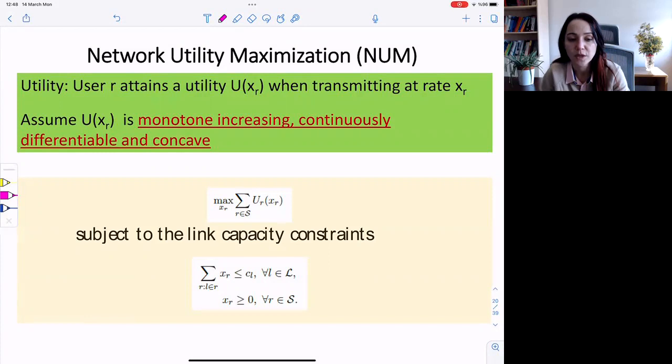So here r comes out of the set of users, in other words, the set of sources. Let me repeat, if two different sources use the same route, we will still give them different indices. Okay, now we want to do this maximization subject to link capacity constraints.